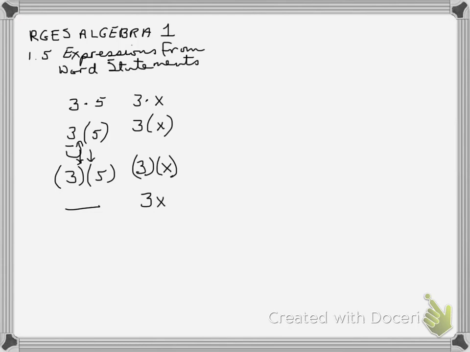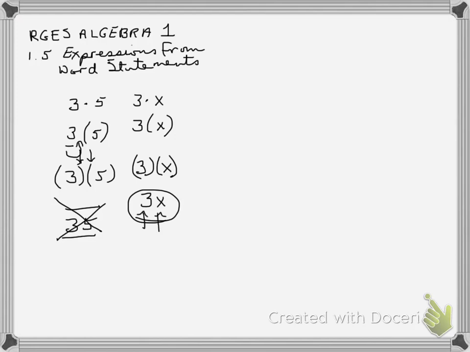And that also means 3 times x. I could not do that over here on the left because if I put the constant right up next to the constant, I would think 35 and not 3 times 5. So I cannot do it there, but I can do it here. In fact, that will be the most common way you will see multiplication indicated when you have a constant and a variable.